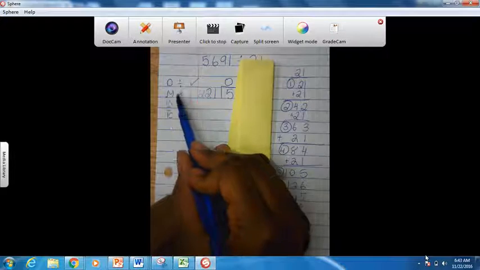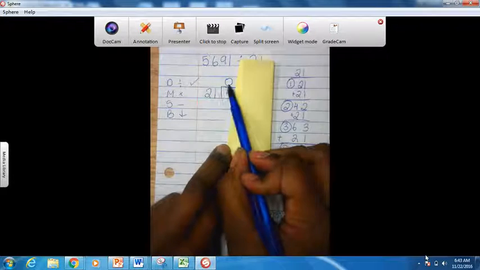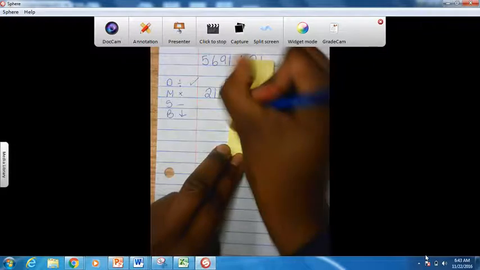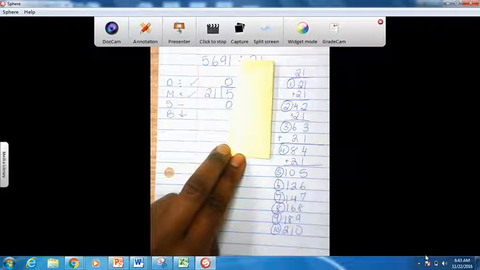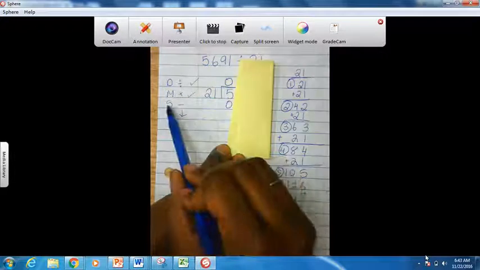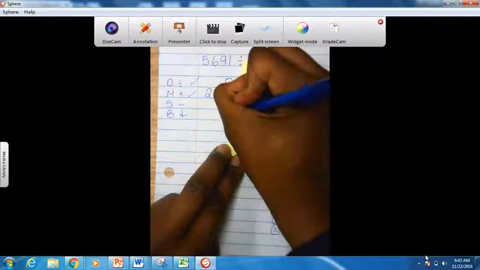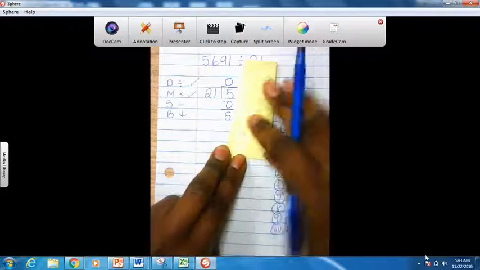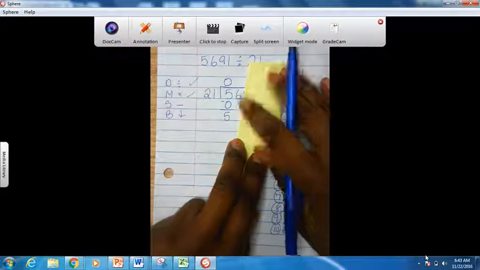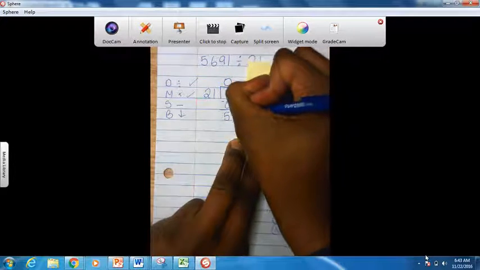Now we need to multiply. 21 times 0 is 0. So now we need to subtract. 5 minus 0 is 5. And now we need to bring down the next digit.